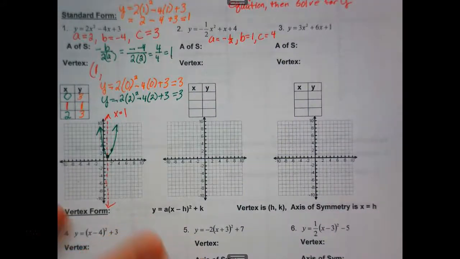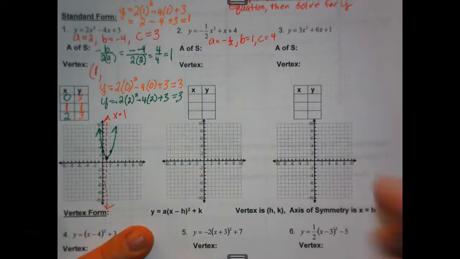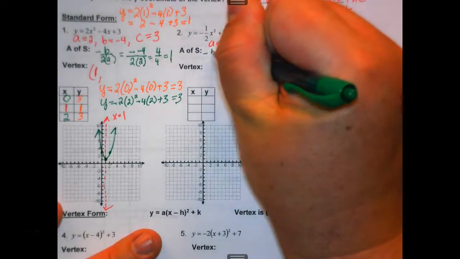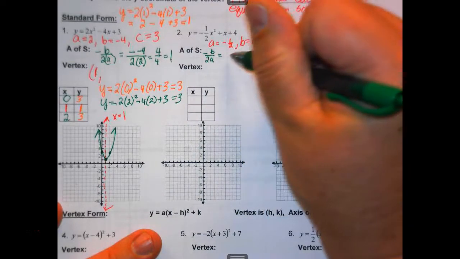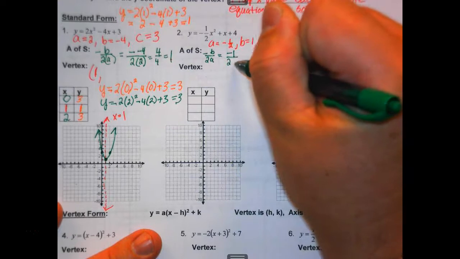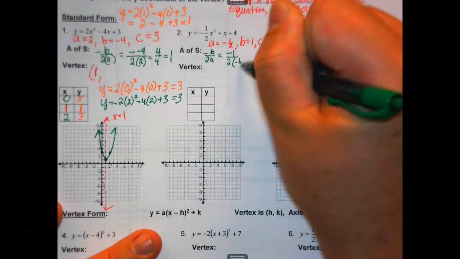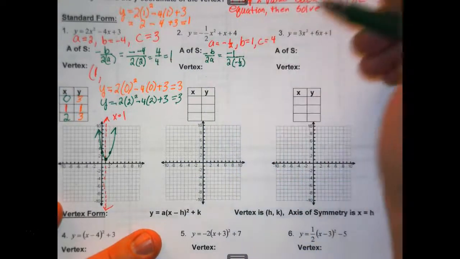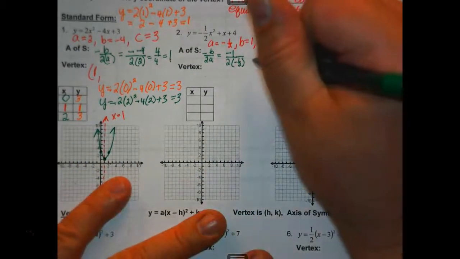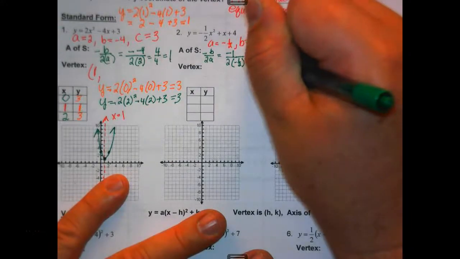My axis of symmetry. Negative B over 2A. Negative B is negative 1 over 2 times my A, negative 1/2. Holy moly, I got to multiply fractions. It does equal 1, doesn't it?